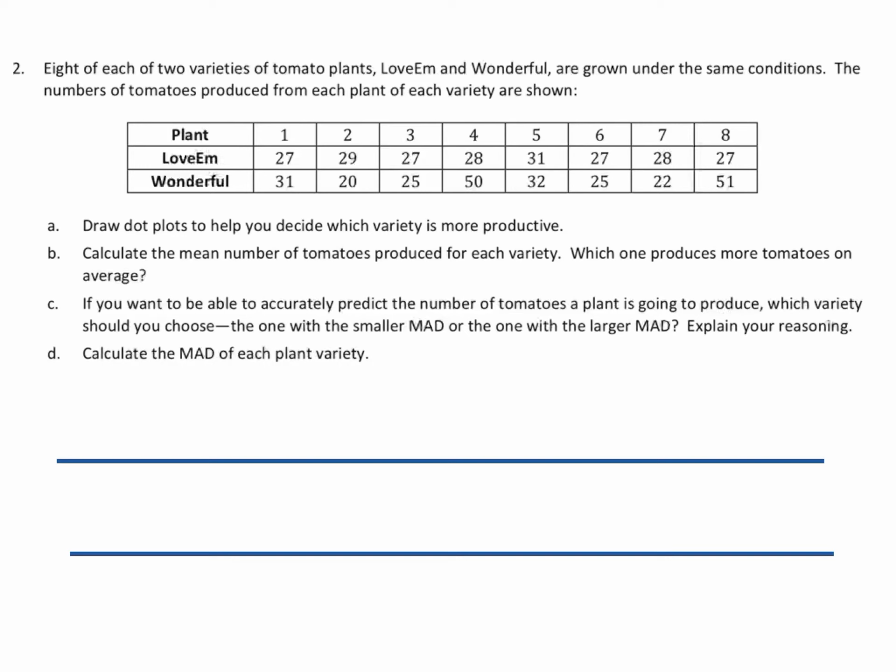Part A says draw dot plots to help decide which variety is more productive. Our lowest number altogether is 20, and our highest number overall is 50. So to fit 20 and 50 on our dot plot, we might want to count by 5s.